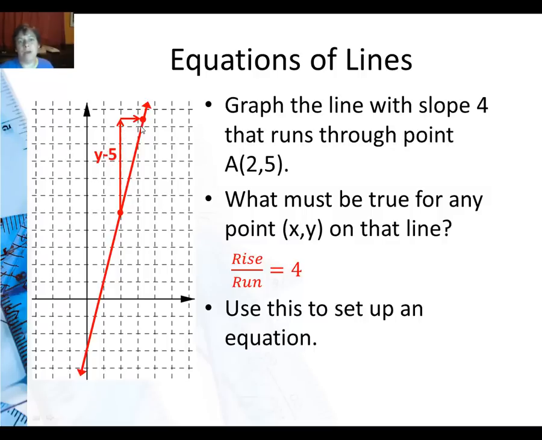So if y were 8, the rise would be 4, but it's not. Then the run will be whatever the x coordinate is minus this x value, which is 2. So that's the run, x minus 2. So it looks like y minus the y coordinate for the original point, over x minus the x coordinate for the original point, equals the slope.